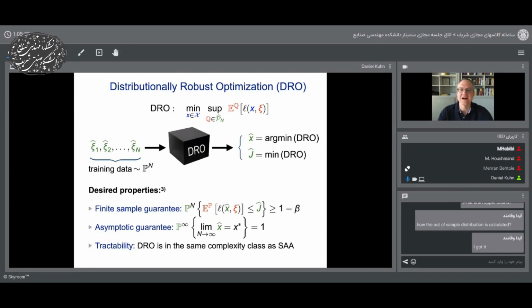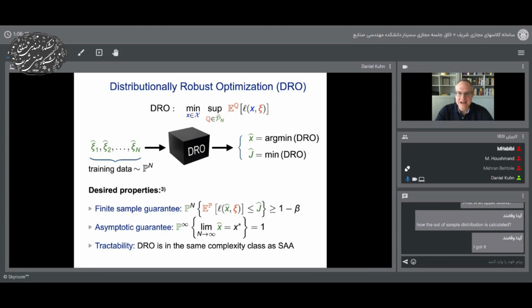So if you optimize the performance in the worst case, then we will often do quite well in average cases. This also gives us a method of data-driven optimization because I use my training samples to construct this ambiguity set and then I solve the distributionally robust optimization problem.